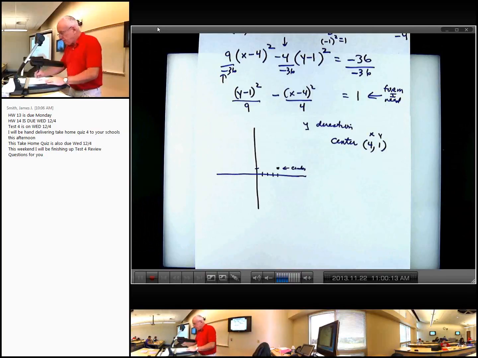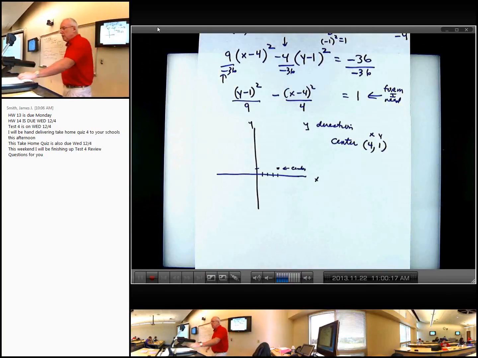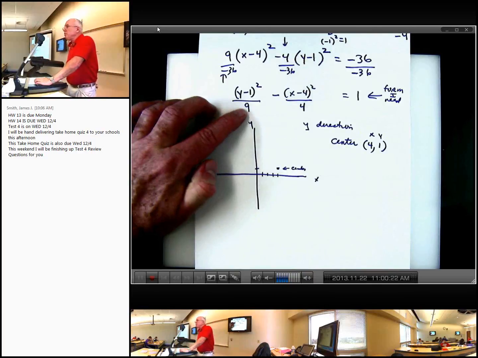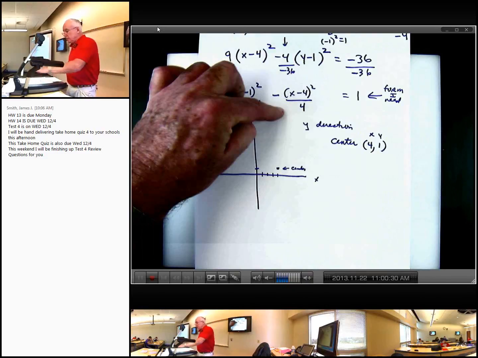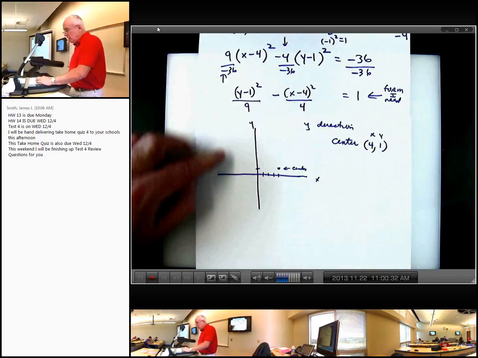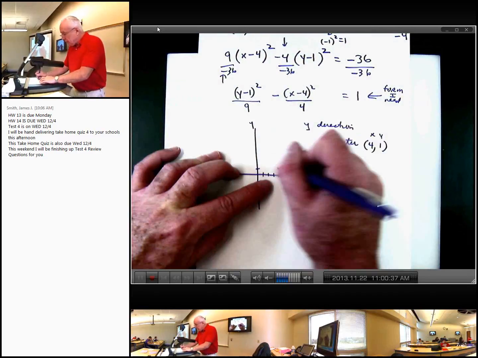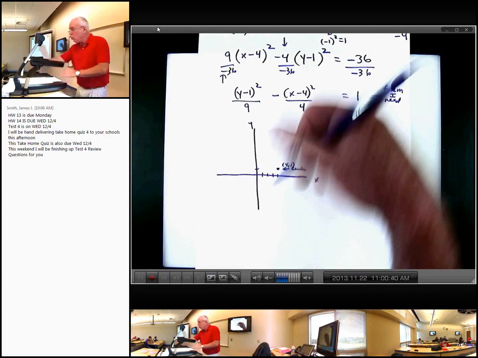Now, remember that whatever our leading term is here, this number provided us with our vertices. We did the square root of it and then had one up on top and one up on the bottom. But this time, we're centered here at, I should mark this, at 4, 1. And we're going up and down.